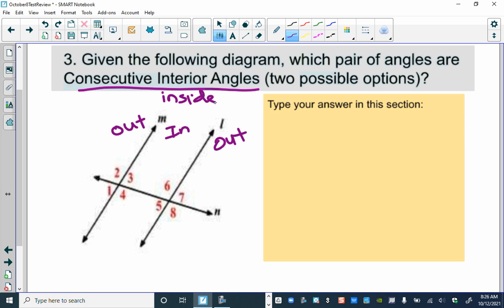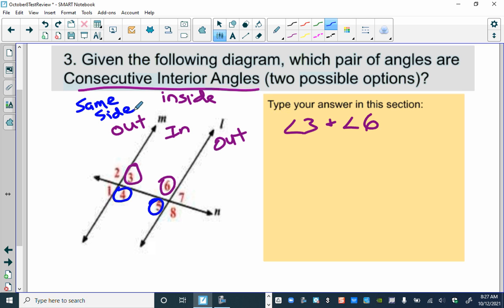All right, 3 and 6. That's going to work in this case. So then what else also works besides 3 and 6? 4 and 5. Inside, same side. Now, unlike the two other ones, what's their relationship?